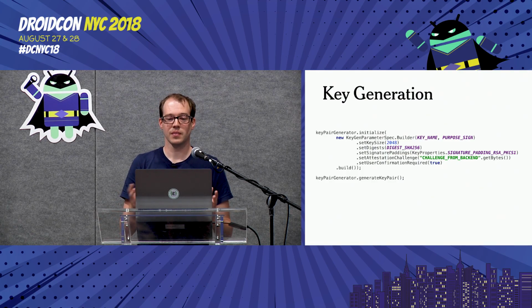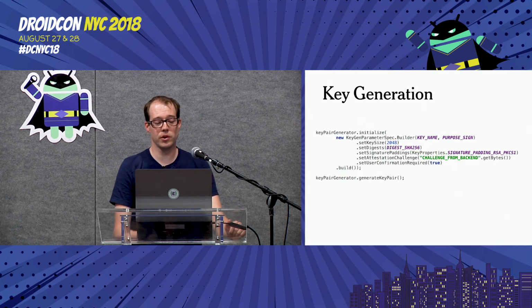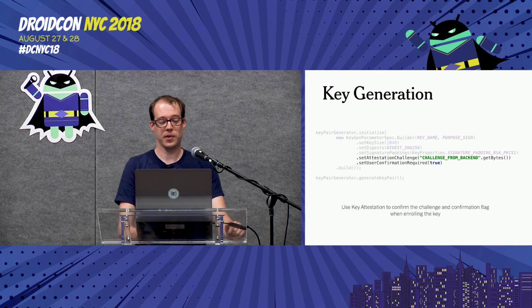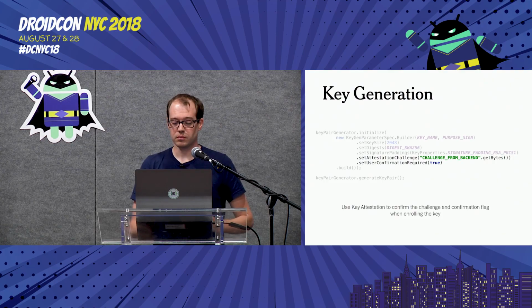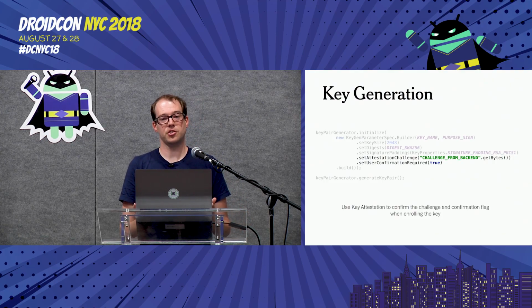Otherwise, you can't trust that it was actually signed through this protected, trusted method. So one thing you can do when you generate the key is set this user confirmation required flag as a key generator parameter. We're going to use key attestation to confirm that the challenge jives with what we want, and we're also going to look for this flag.